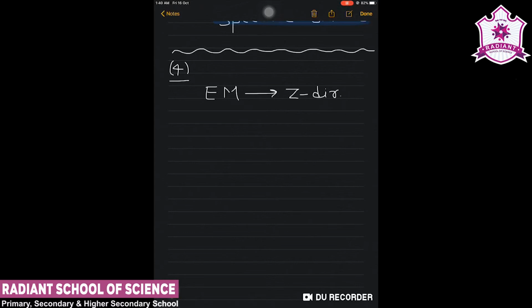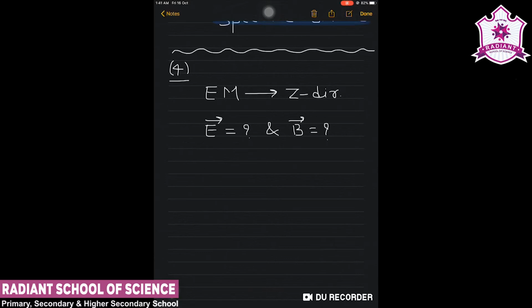So we have to say the direction of the electric field vector, and we also have to say the direction of the magnetic field vector. Along with that, if the frequency of the wave is 30 megahertz, what is the wavelength of the wave?